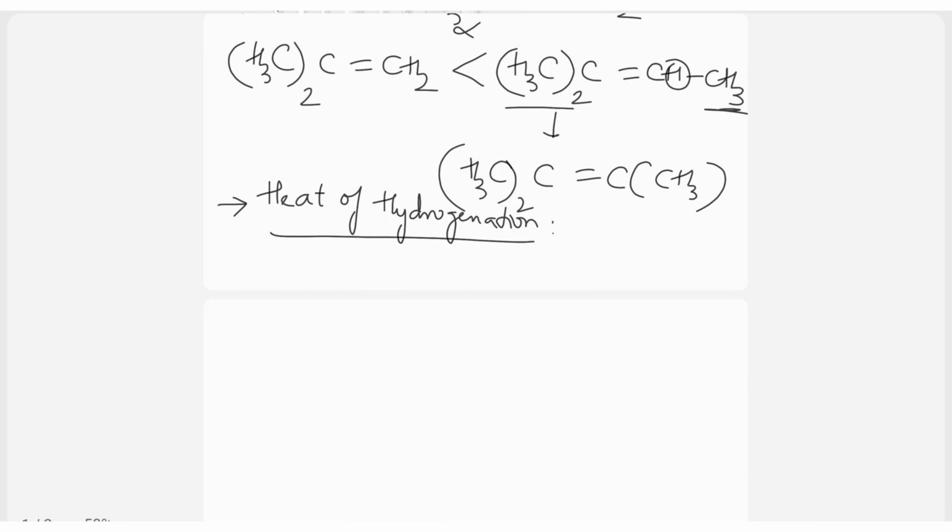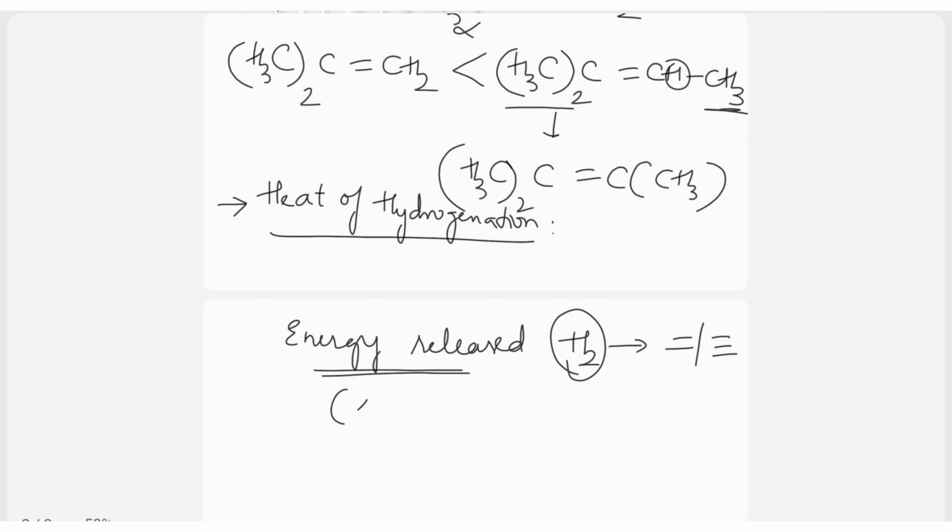Now what is heat of hydrogenation? It is the energy that is released when we add a hydrogen molecule to any unsaturated compound. So whenever you are adding a hydrogen molecule to any double or triple bond, the energy that is released, because it's an exothermic process, is called heat of hydrogenation.